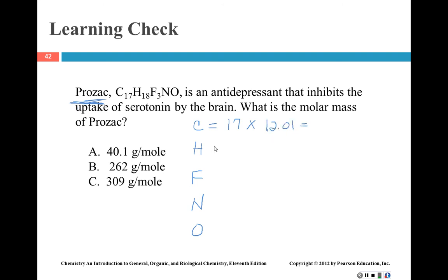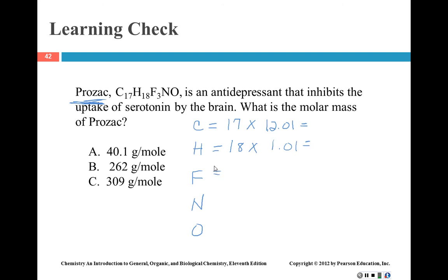You can go ahead and multiply that out if you want to. I usually just get all my stuff and then do all my calculating at the same time. Hydrogen is 18, times 1.01. I can usually remember hydrogen.